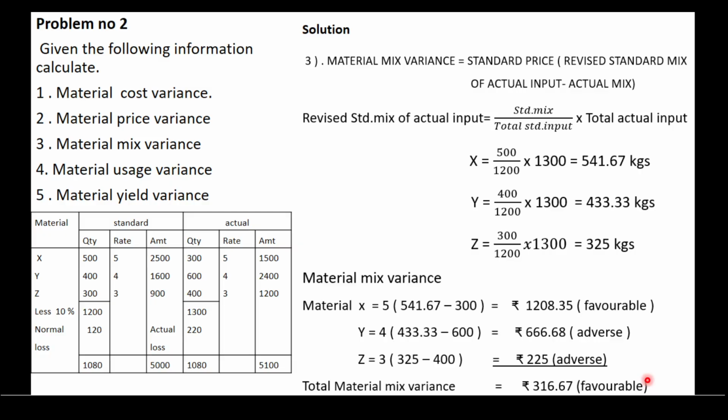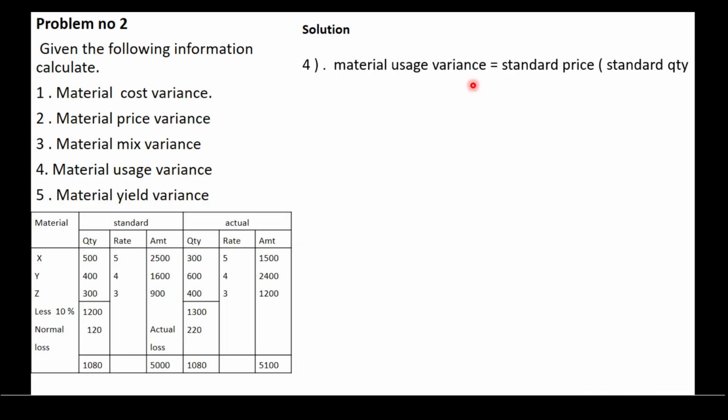Next, we calculate the material usage variance. The material usage variance is calculated using the formula: standard price into standard quantity minus actual quantity. So first we calculate for the material X. The standard price for the material X is rupees 5 and the standard quantity is 500 minus actual quantity 300.